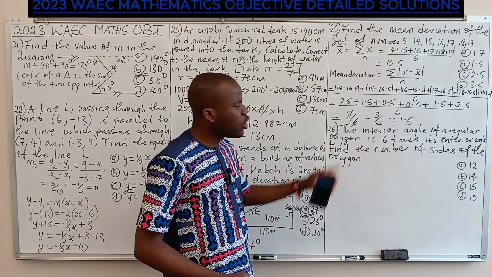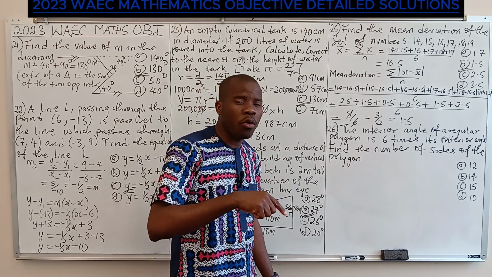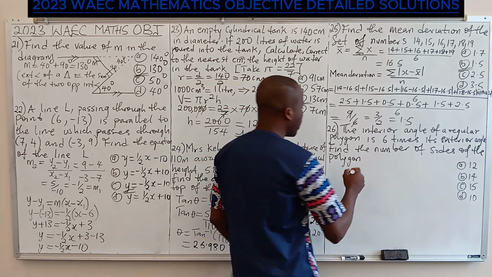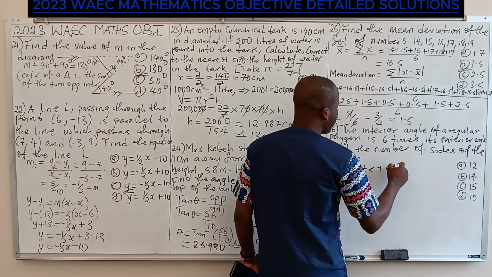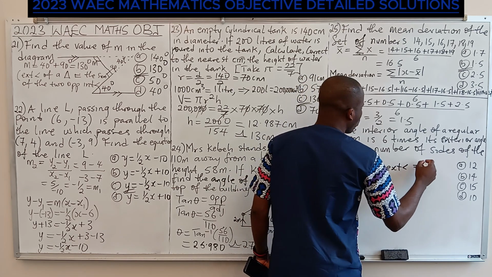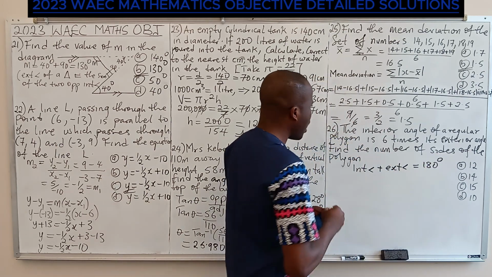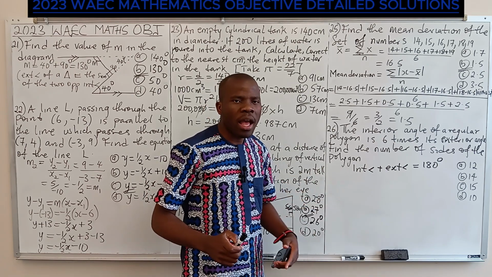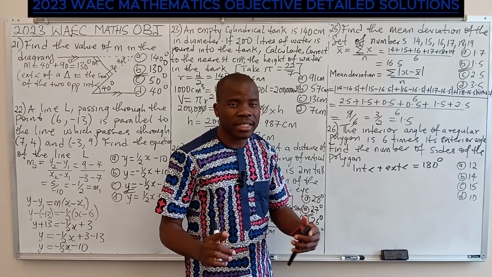Now, the relationship we will use here is the fact that interior angle plus exterior angle sum up to 180. So we know that interior angle plus exterior angle sum to 180 degrees. Also, because it's a regular polygon, the sum of the exterior angles is 360.